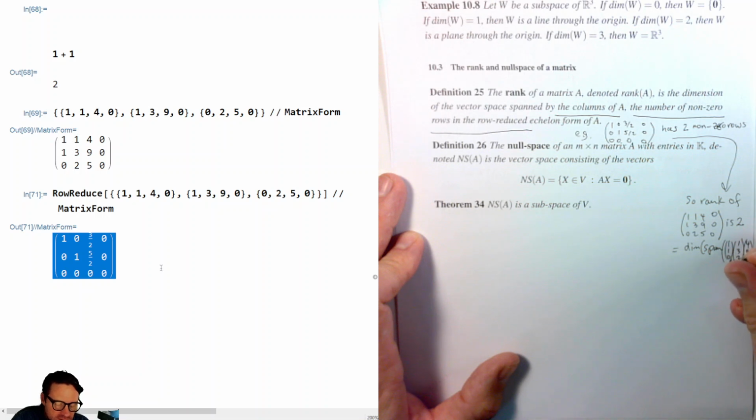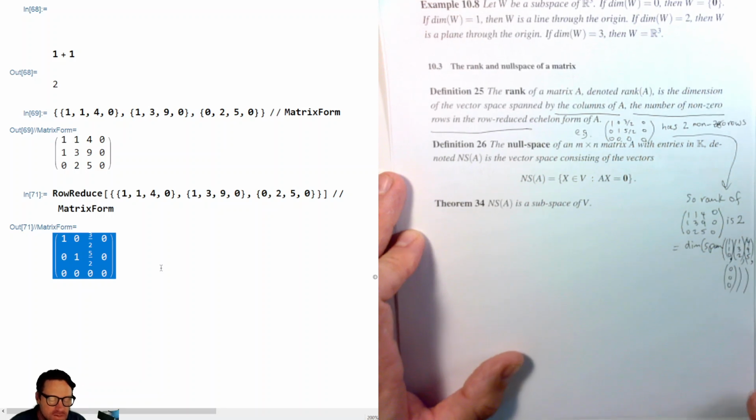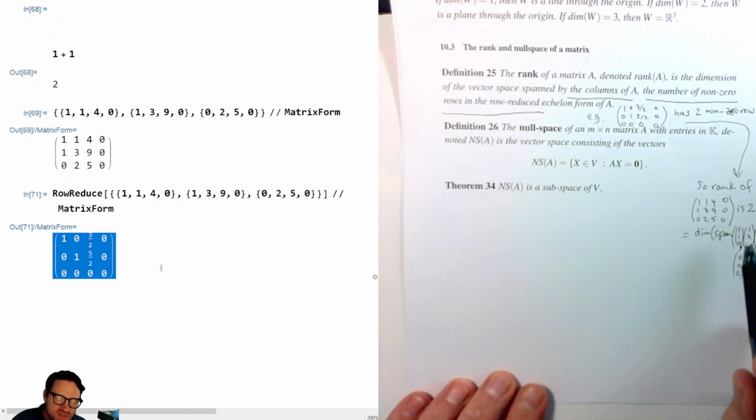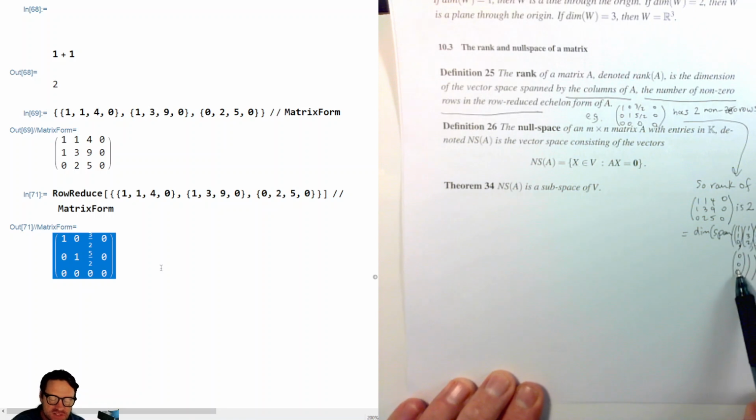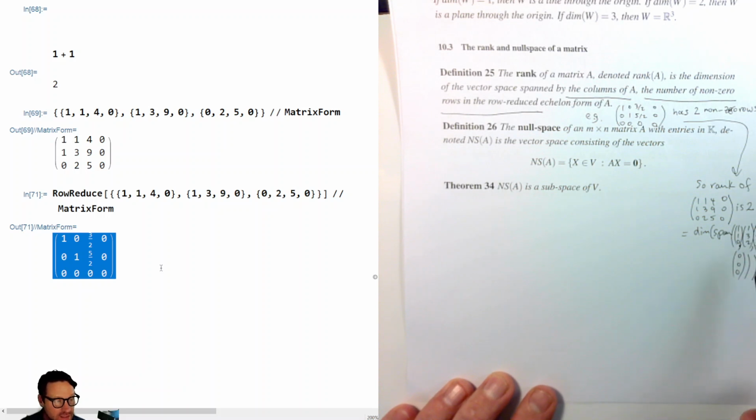Putting commas in here, and I don't have a lot of space. And 0, 0, 0. Okay, so the dimension that these four vectors span is 2, a two-dimensional vector space. Because these first three are going to be linearly dependent.